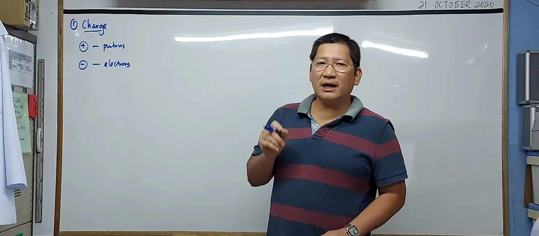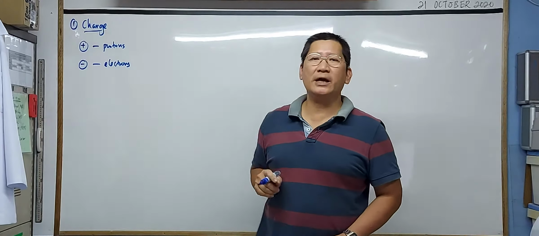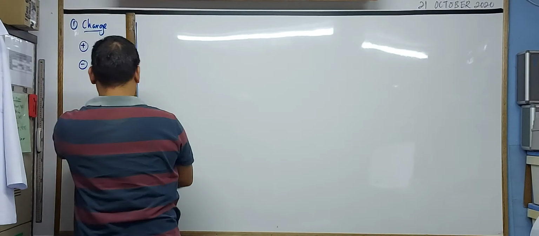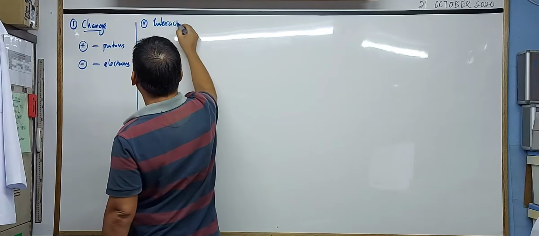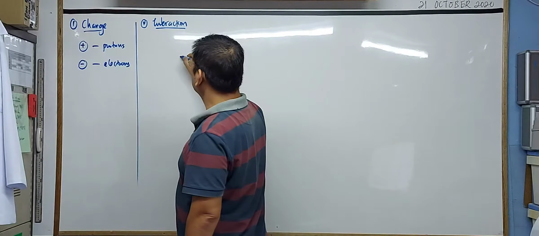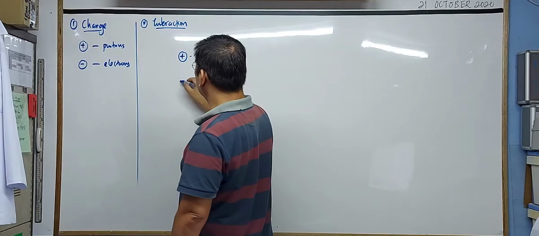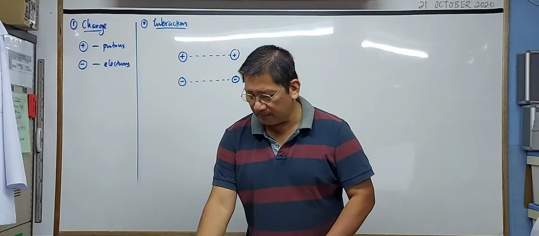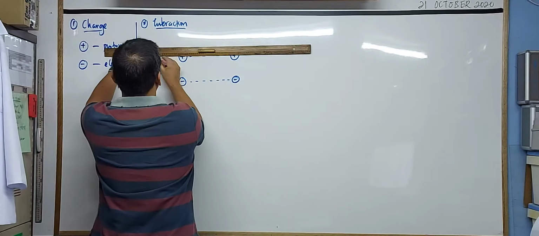So what we're going to study under Coulomb's law is what the interaction will be when we put them together nearby and even far apart. There will be 2 types of interaction. When we put 2 positive charges together nearby, and also 2 negative charges nearby, what happens to them is they're going to repel each other away, like this.